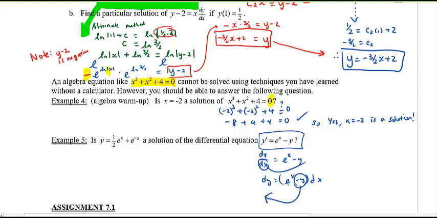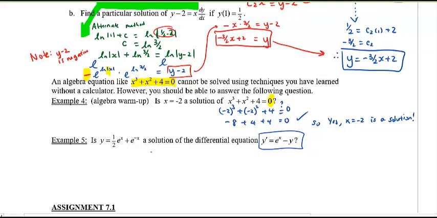No, not okay, because there's a dx multiplied here. Problem. So you cannot actually solve this equation using the separating variables method. And that's why they're just asking you, is this a solution? So just like how you did number 4 by plugging in the x value and evaluating, that's what I need you to do here for example 5 as well.